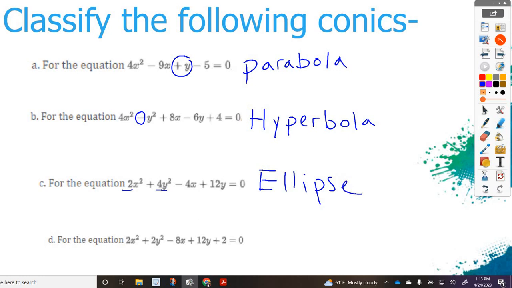Okay. And then on our last one, they're both squared. We're adding, and are the coefficients the same this time? Yes. So what do we have? A circle. We're okay with that.